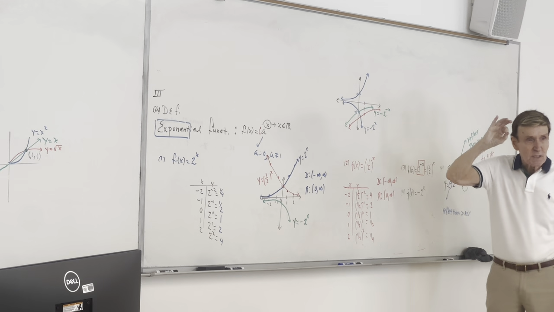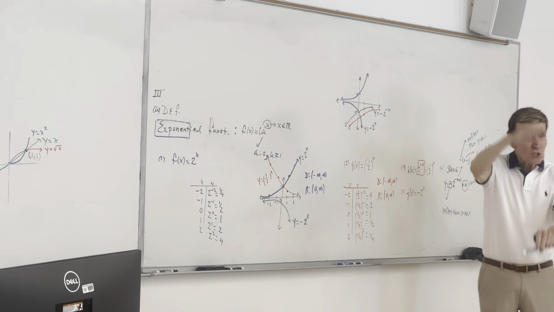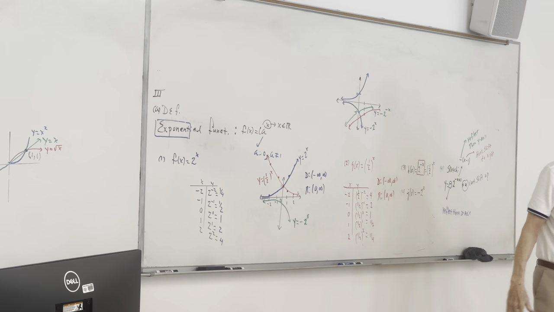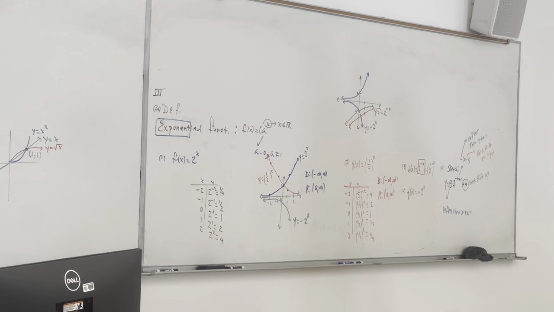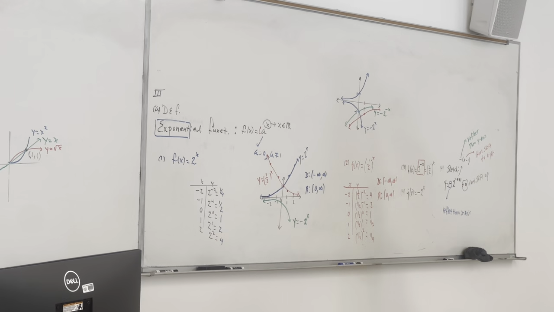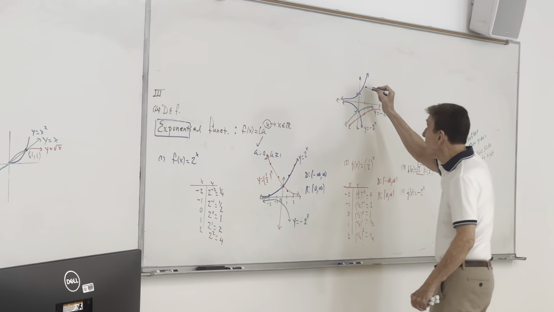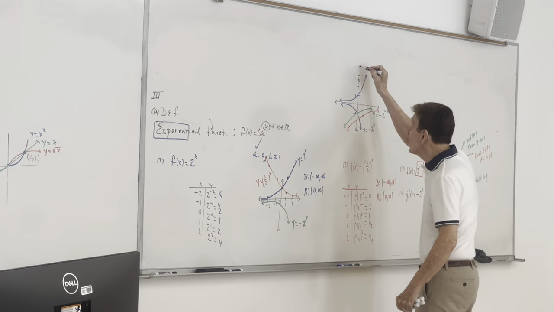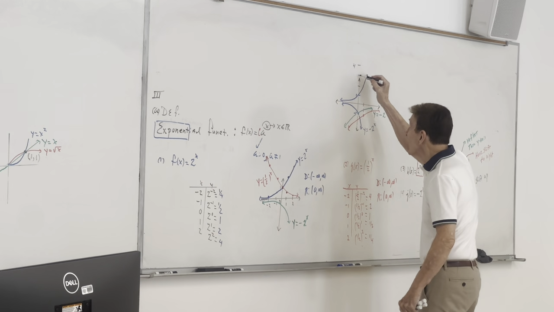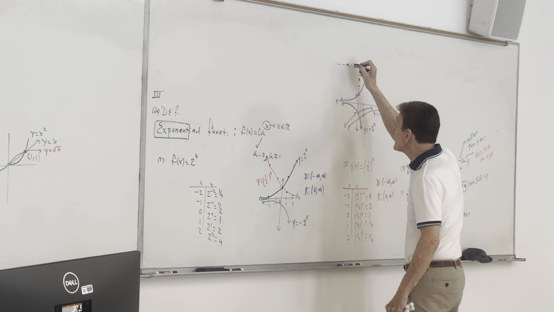Now, tell me what else is being shifted up as I shift vertically. I've got to be cautious about it. The horizontal asymptote also moves. So it's going to go up to 4. Up here. You guys will do this, just so you see it.